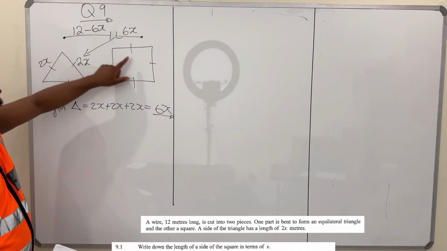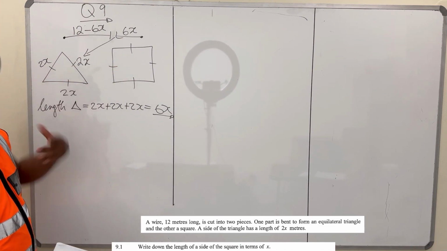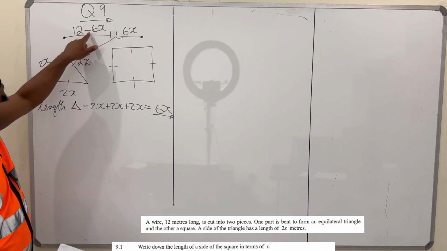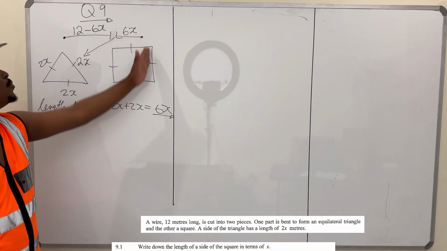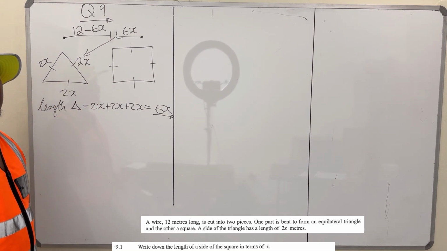But this length is also used to make a square. And you know in a square, all sides are equal. So this will be divided equally so that it forms all these sides. So it forms a total of 4 equal sides.